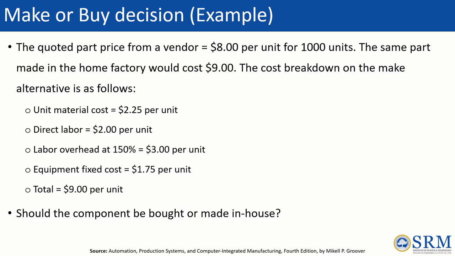The internal cost breakdown includes $2.25 for materials, $2 for direct labor, $3 for labor overhead and $1.75 for equipment fixed cost. Now we have to make a decision whether the component is to be bought or made in-house.